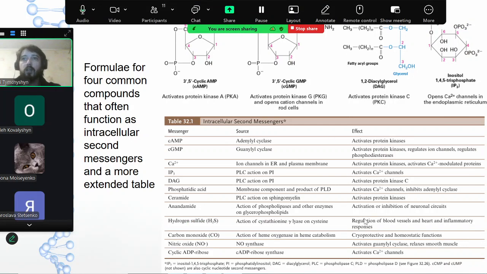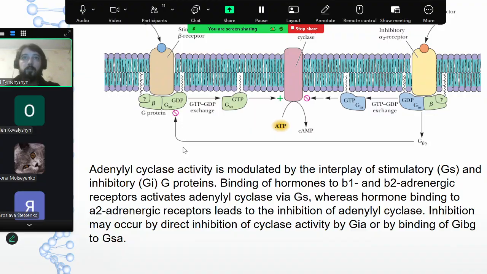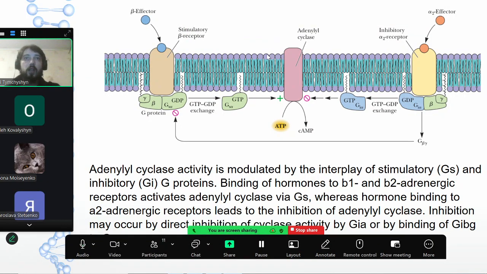Here you can look after the lecture at the table and get some more examples of what's happening. Here is a nice picture where we see how adenylyl cyclase activity is modulated by the interplay of stimulatory Gs and inhibitory G proteins.